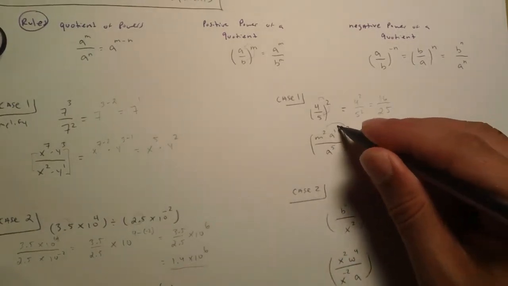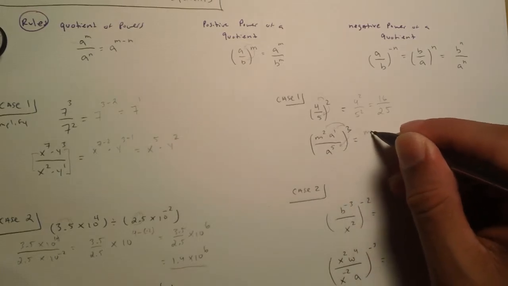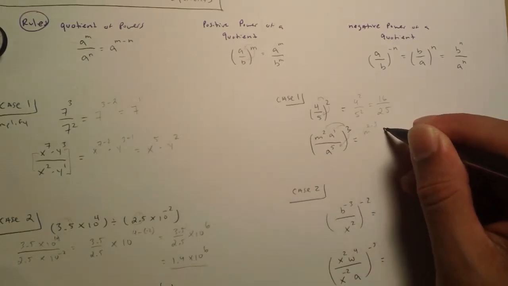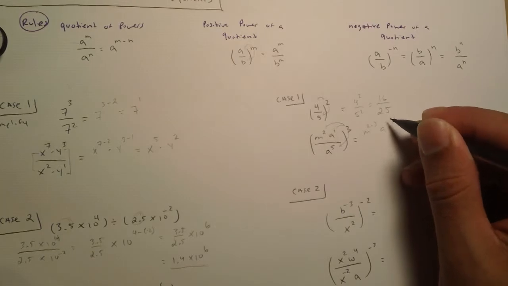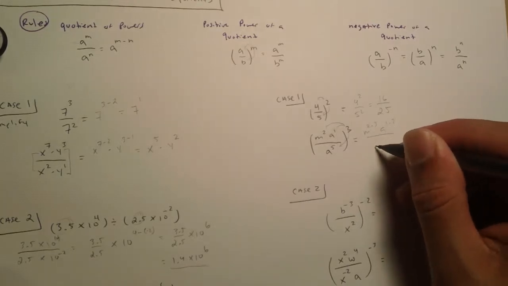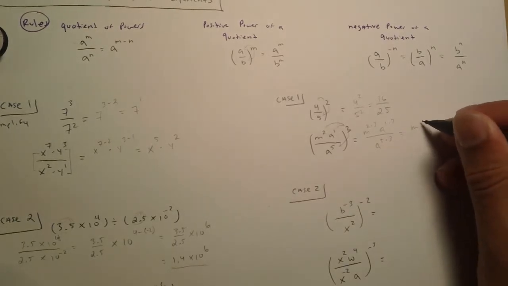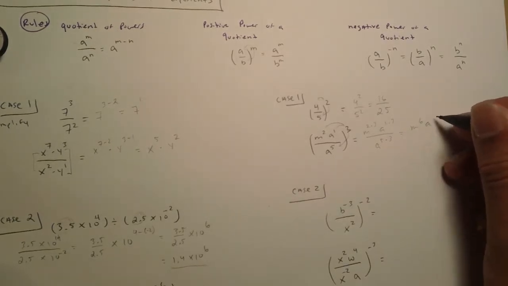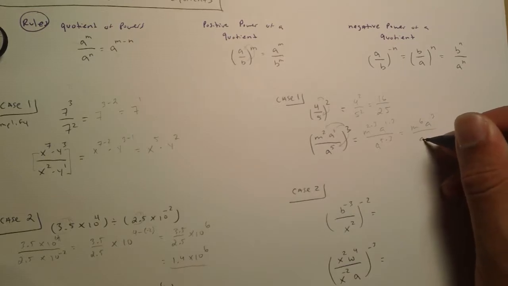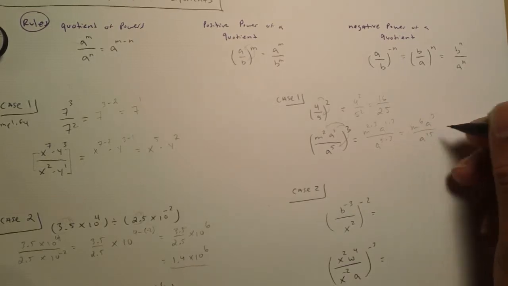So you just distribute: m^2 times 3, a^1 times 3 over a^5 times 3, which will equal m to the 6, a to the 3rd, over a to the 15.